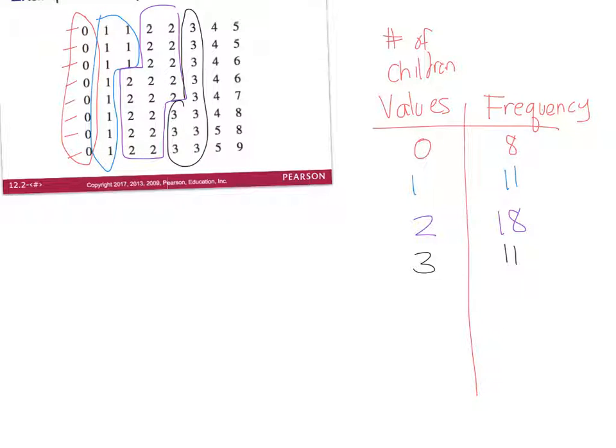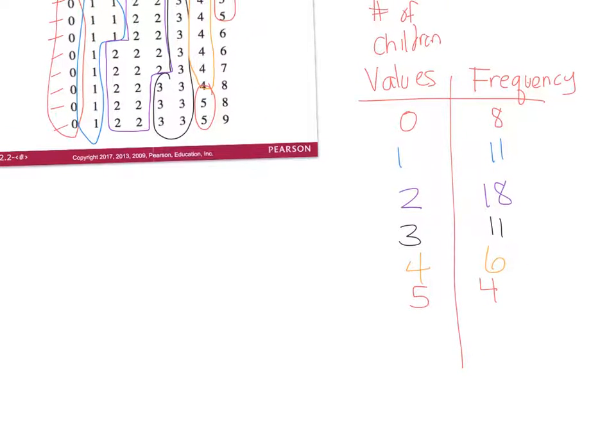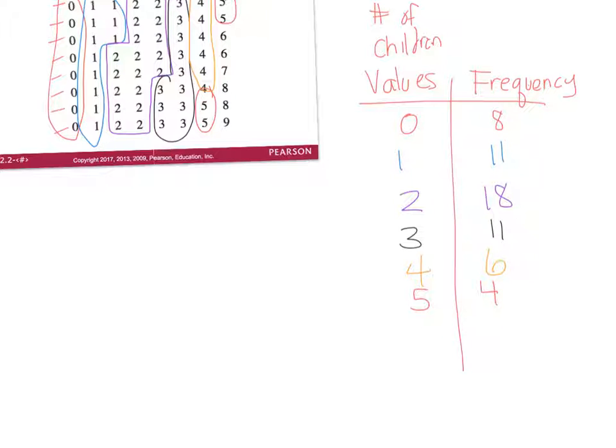Observation 4, I see 6 times. Observation 5, 4 times. Observation 6 happened twice. 7 happened once. 8 happened twice. And 9 happened once.